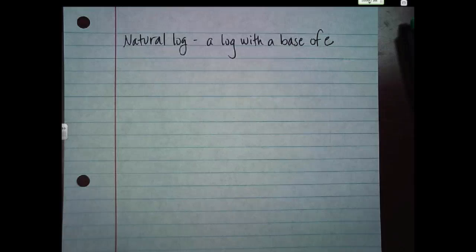What is pi related back to? Circles, right? You can find the area and the circumference of a circle if you know the radius and pi. That's because the number pi, about 3, is related to every single circle.